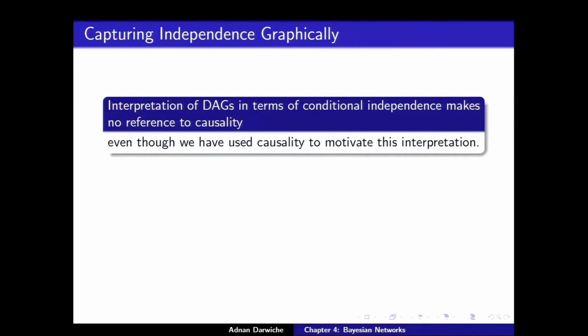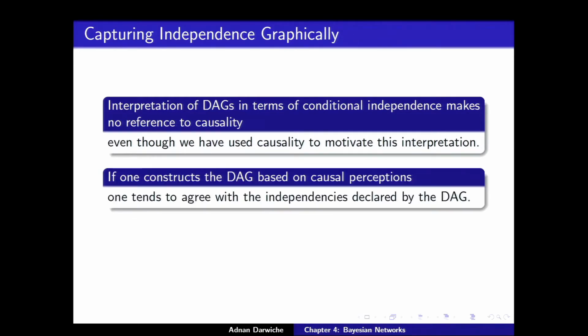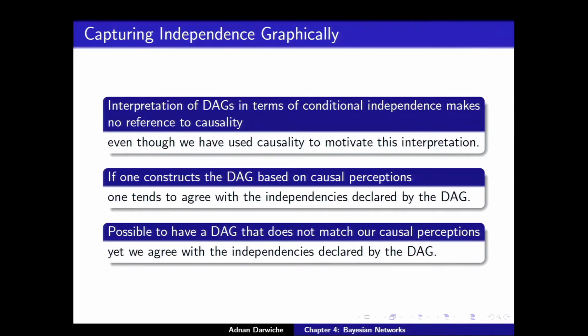Now, if you construct a DAG based on causal perceptions, you will tend to agree with those independence assumptions, as we kind of informally argued so far. But it's possible that you will have a DAG that does not match our causal perceptions, and still we would agree with the independence assumptions it's making.